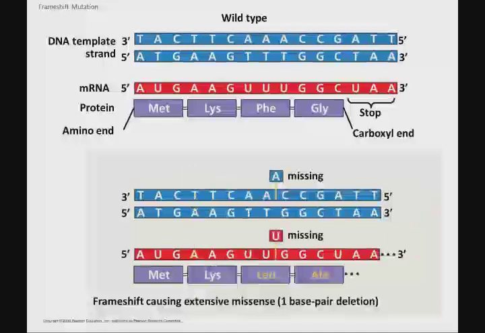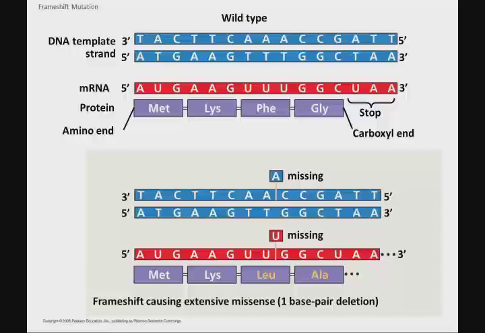So if we look at the next example, extensive missense based on a frame shift, we can see here we've inserted a U into the mutant mRNA there at the bottom. So at the top, in the wild type, we go AUG, AAG, UUU, GGC, and then a stop. Here we go AUG, AAG, and then instead of UUU, we're going to delete that U, and everything shifts over one. So now we go UUG.